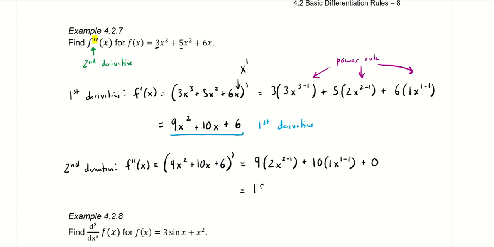So we have 18x plus 10. And that's my second derivative. I'll just write that on there for clarity. Second derivative.